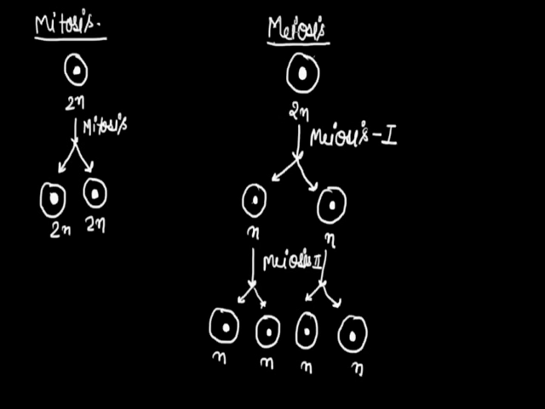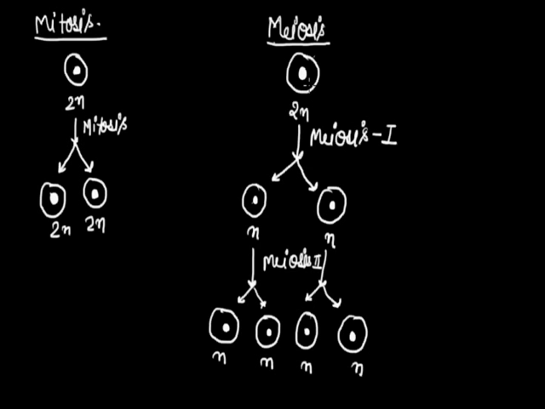So right now some points are quite clear: mitosis, mito means equal, cis means division. It's an equal kind of division done in a 2N cell that will further divide and form two daughter cells. Here the chromosomal number remains the same in the mother as well as in the daughter cell, while in meiosis, two divisions take place, first by meiosis 1 and the second by meiosis 2.